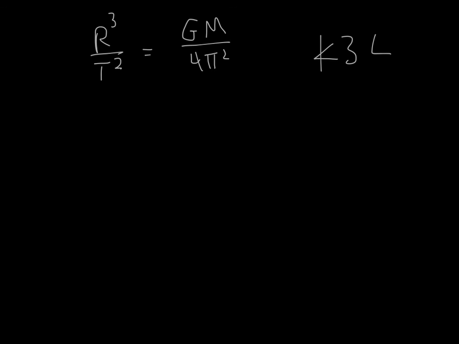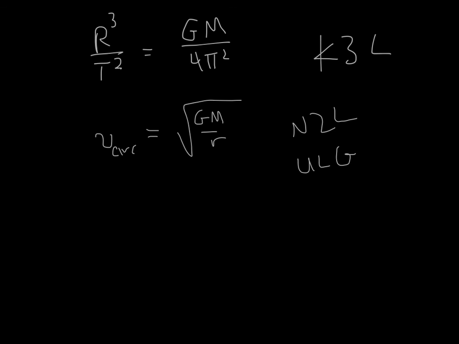Then we also found that the speed of circular orbits was equal to the square root of GM over r. We got that from Newton's second law and Newton's universal law of gravitation, okay?